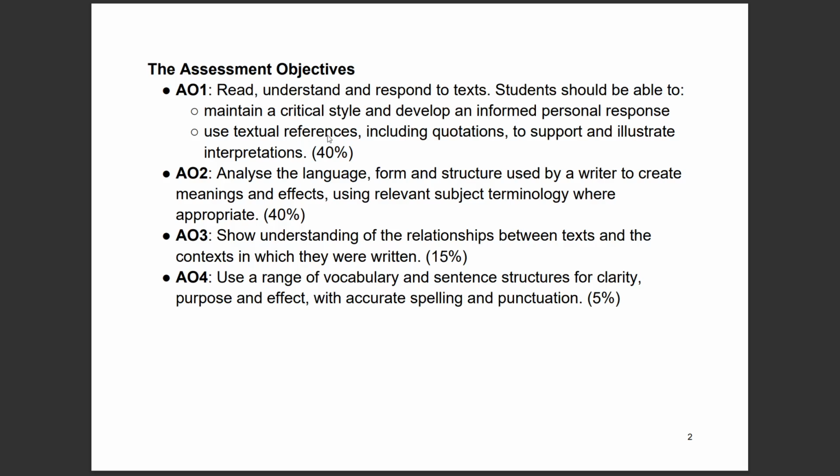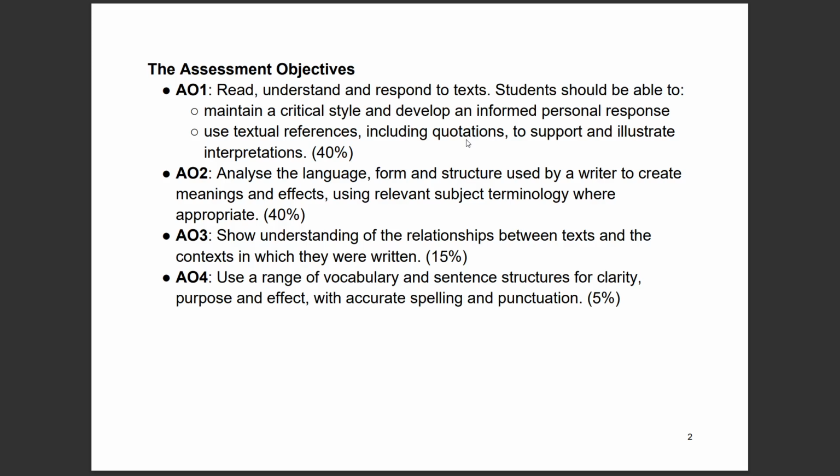Textual references is a generic word to show that it's not just about quotations. Quotations are where you pick out words and phrases from the text, you put them into speech marks, and those are called quotations. But you don't always have to do that. You can use what we call references, where you just point to a place in the text, and it doesn't have to be exact.